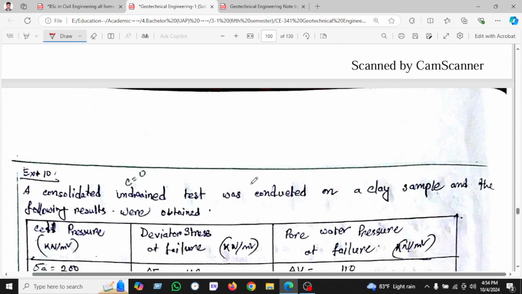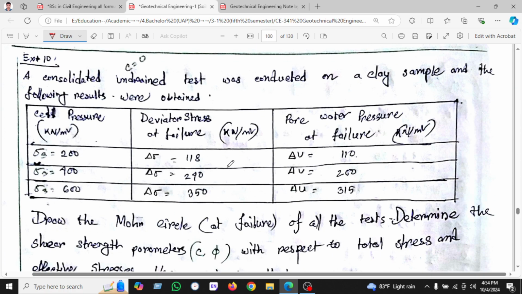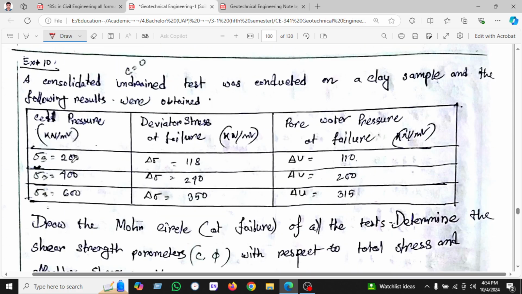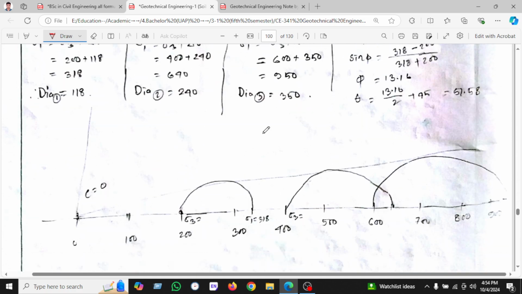Okay, let's start another example. Here a consolidated undrained test, that means c equals 0, was conducted on a clay sample. The following results were obtained. So the cell pressure is given. We know if we draw the soil property, this is sigma 1 and this will be sigma 3.